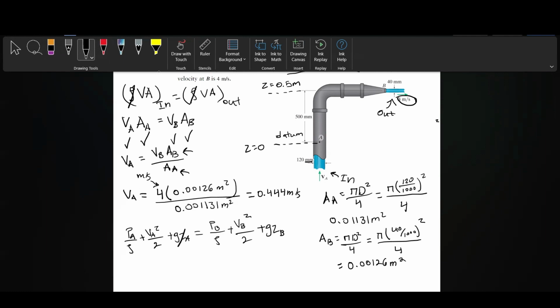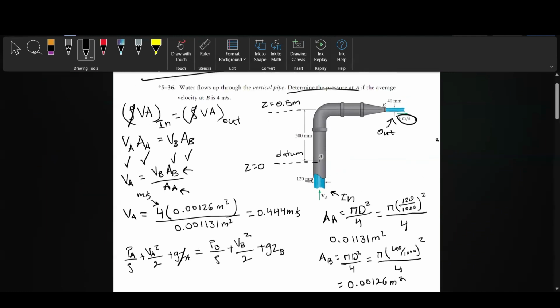If you remember from class, if we let our fluid flow out into the atmosphere, the pressure there is 0. So at B, we're being let out into the atmosphere, so the pressure here is 0.